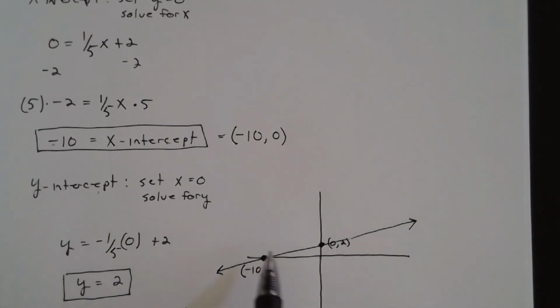And we can see that as we go 5 over in our x value, we go up 1, and then we go another 5 over and go up another 1, and it brings us to 0 and 2. So it matches our slope.